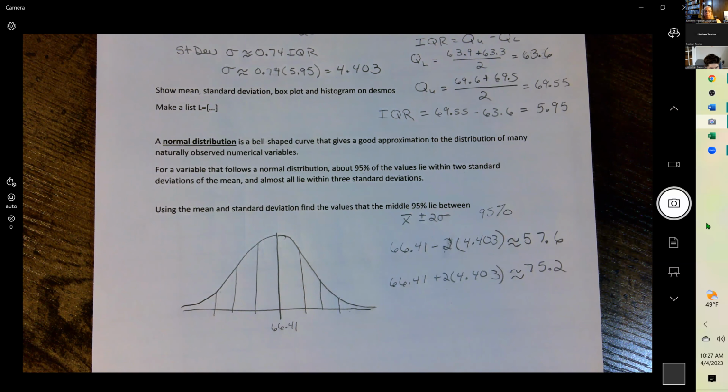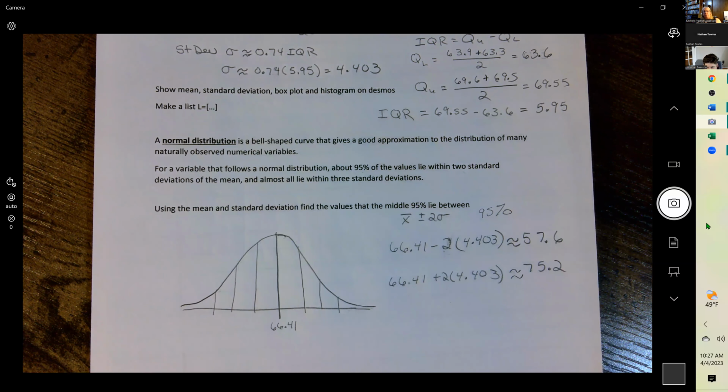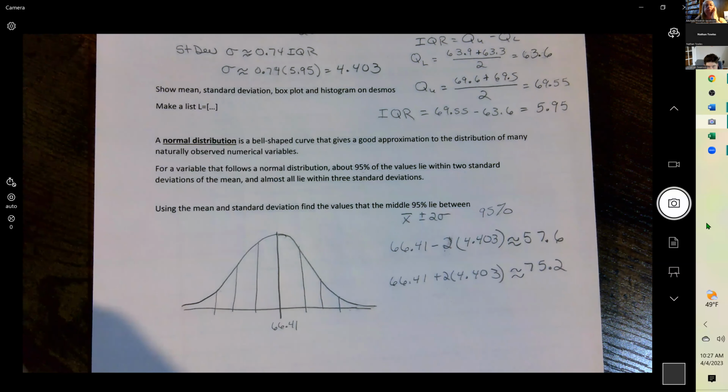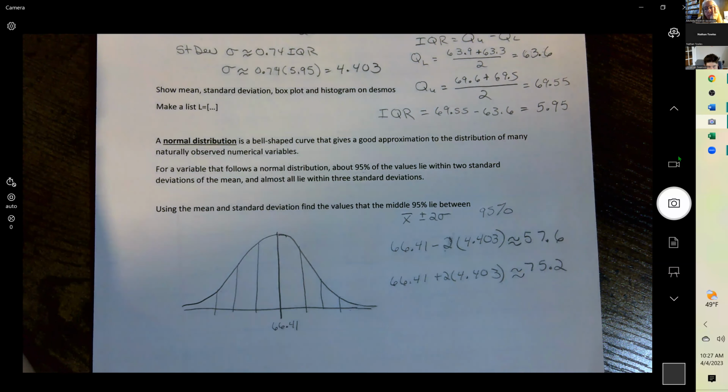Okay. To do these on Desmos, if you don't have the data open, you might want to open it if you're going to try it on Desmos, unless you're just going to watch.